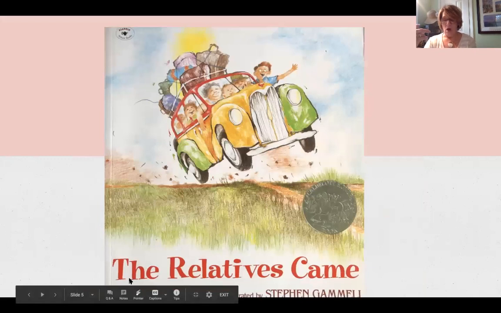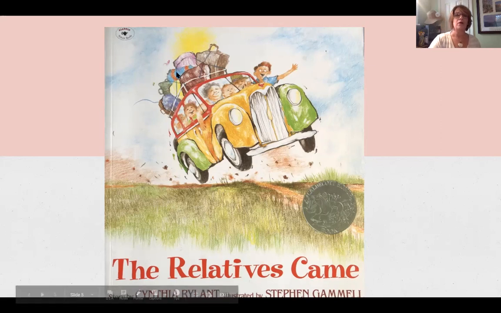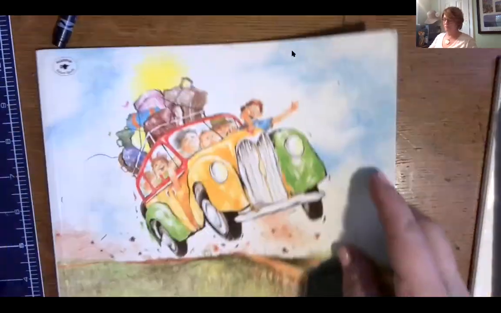Okay, right now I am going to share with you this book, The Relatives Came, or just parts of it, because this has good examples of using temporal words. So, all right, so I will switch to another screen. And here we go. All right.